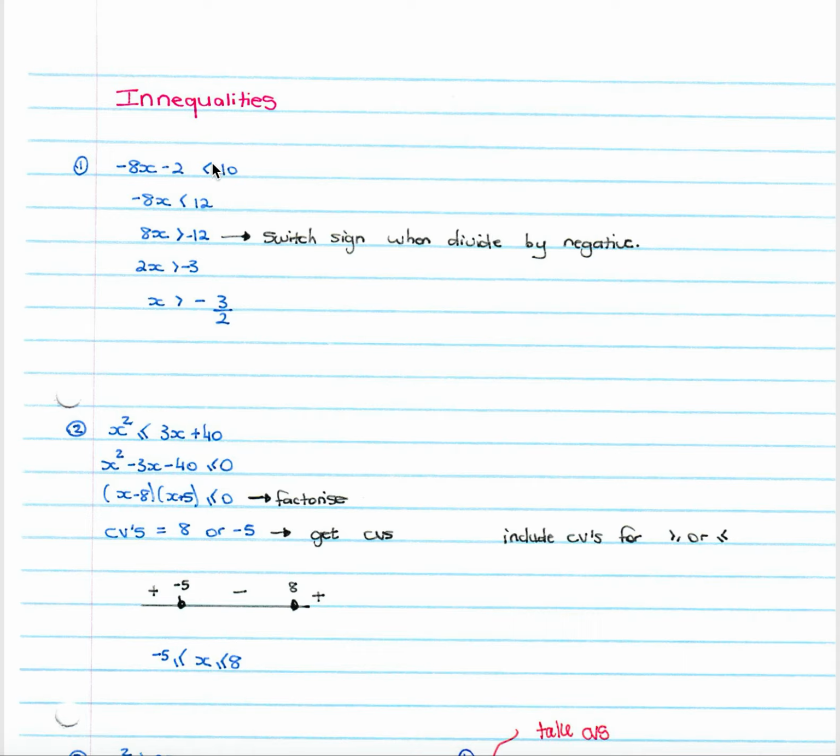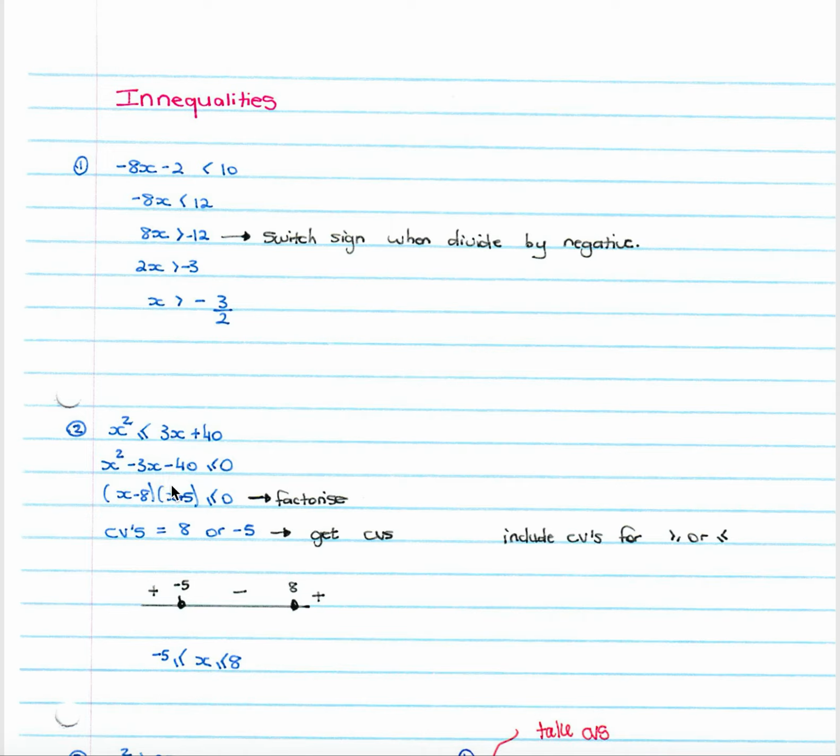So here we have a less than sign, whereas here we have a greater than. That is because we have divided through by a negative 1. Can you see it was a negative 8x less than 12? We divide through by negative 1 to go 8x is greater than negative 12. Then we simply solve it like we would an equation, and we get x is greater than negative 3 over 2.